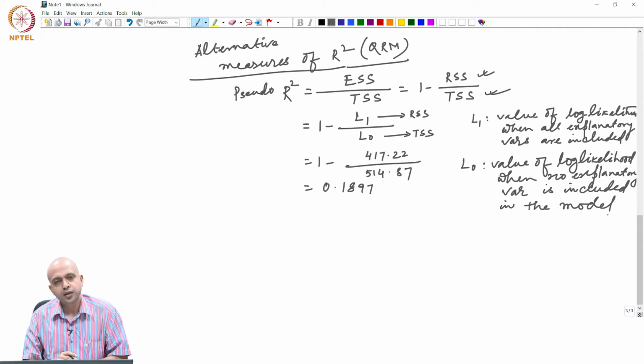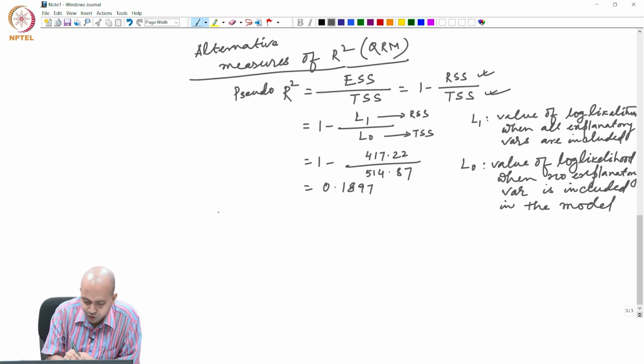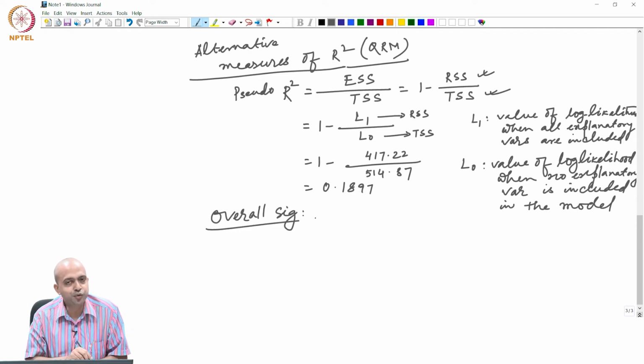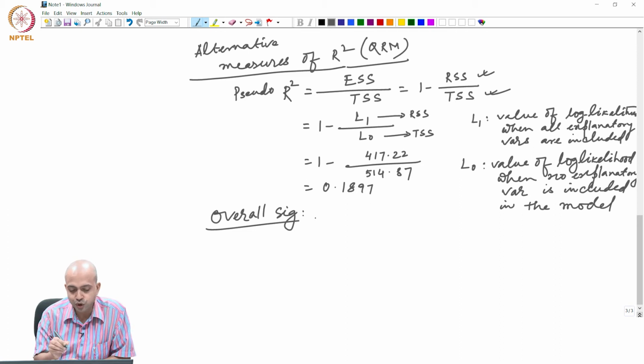Then another important measure we need: how do you check the overall significance of the model? In a standard econometric model, what we used to do? We used to do it by the F statistic. But here we get a different measure.